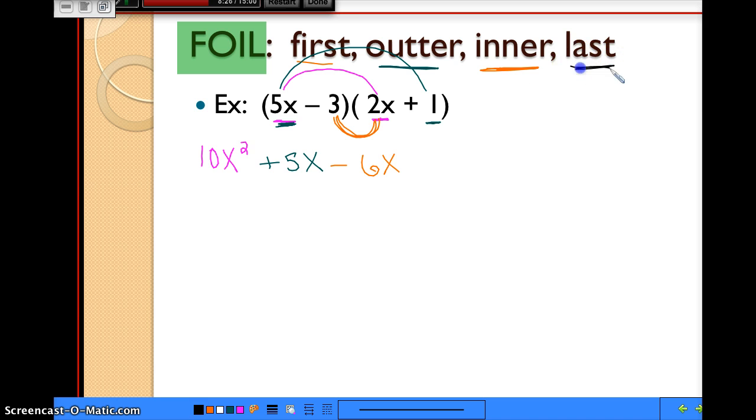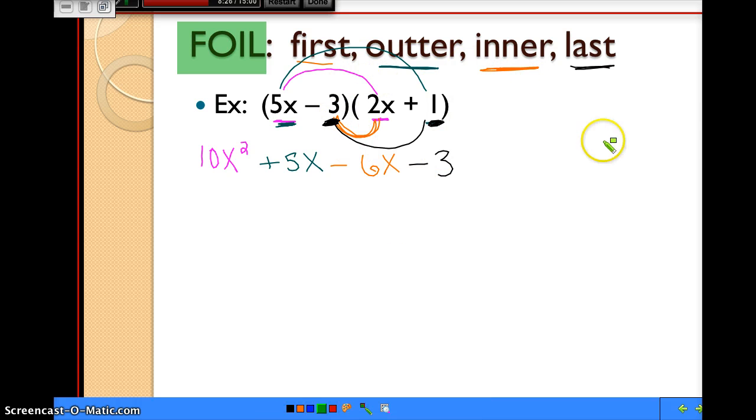Last, remember, if 5x and 2x were the first two in each binomial, then 3 and 1 must be the last two numbers. So negative 3 times positive 1 is negative 3. So it goes first, outers, inners, and last. And it stands for FOIL.